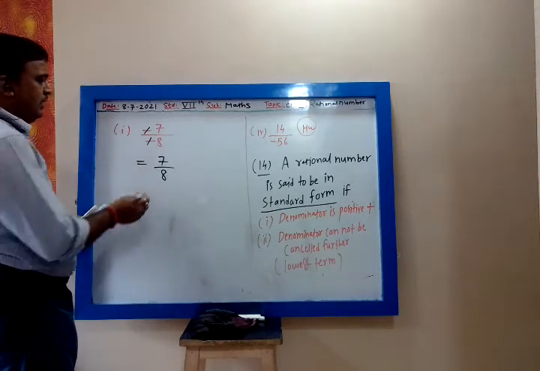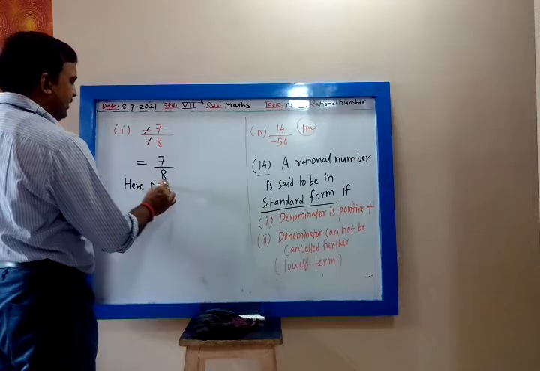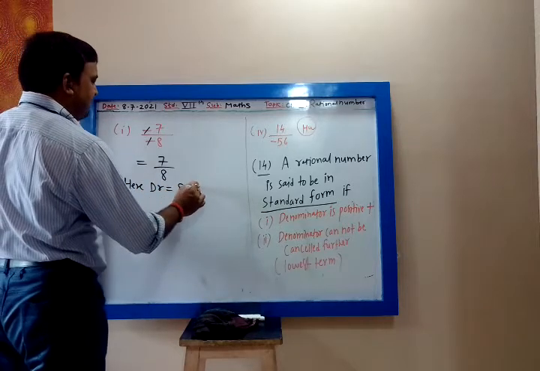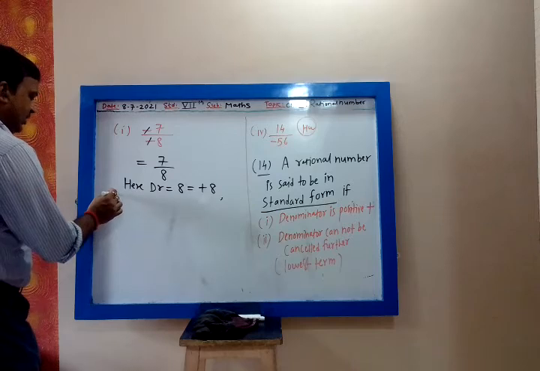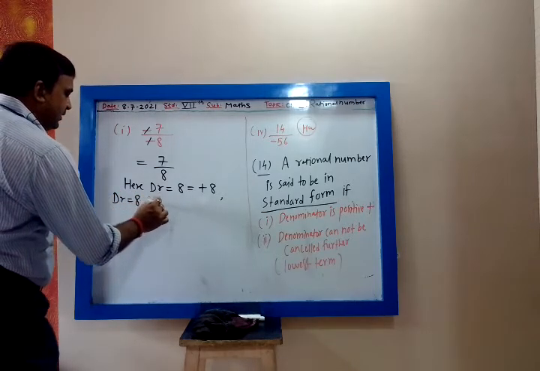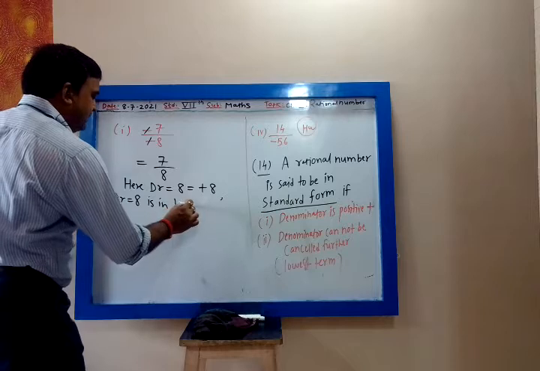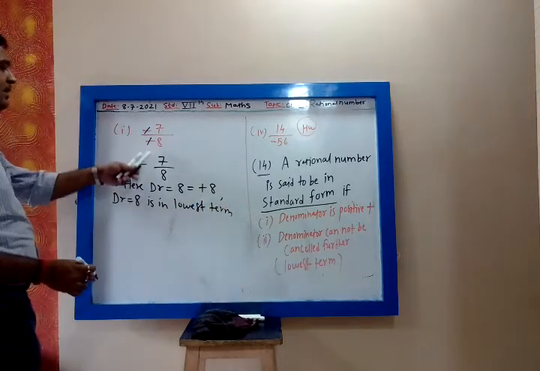No. And what is the denominator? Here the denominator is 8. 8 means plus 8. The denominator is positive and 8 cannot be cancelled. Denominator 8 is in the lowest term, because 7 and 8 nothing can be cancelled.